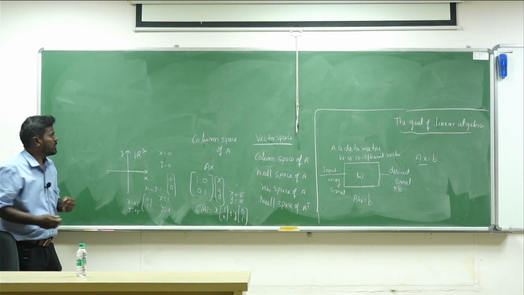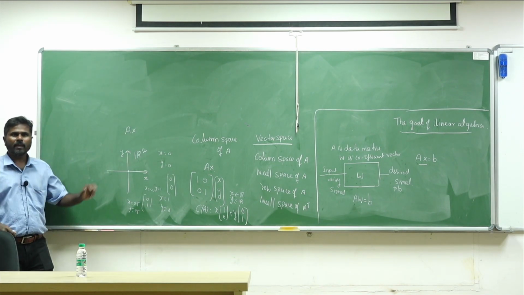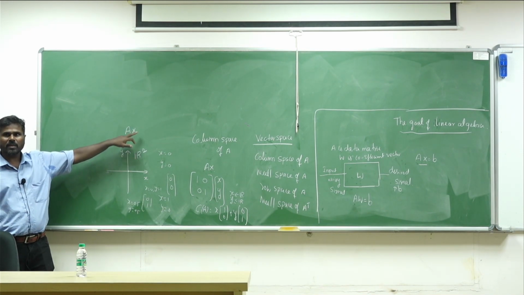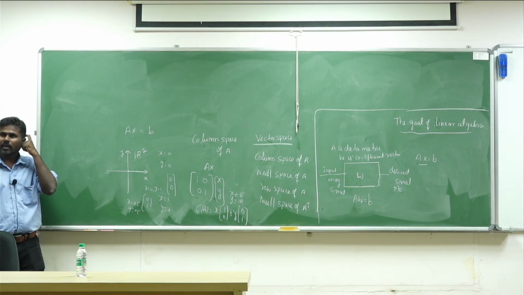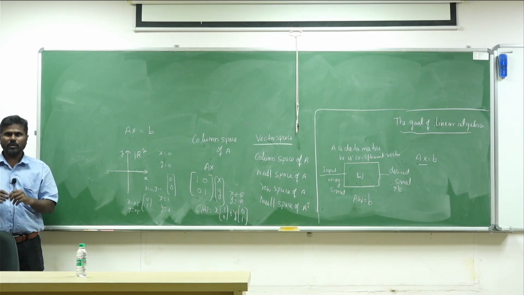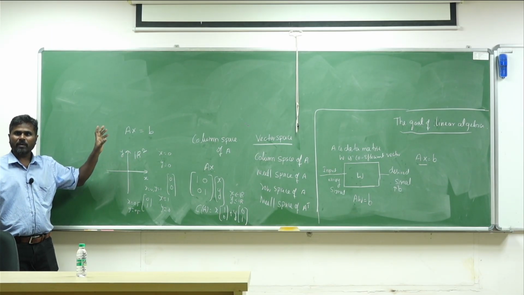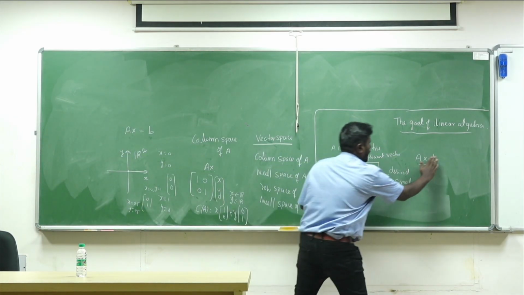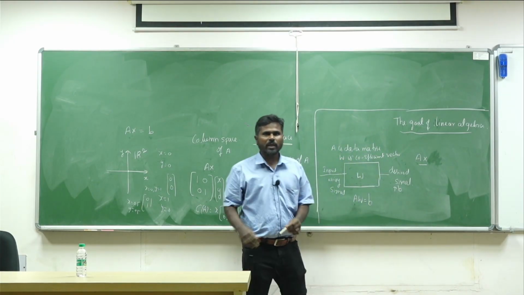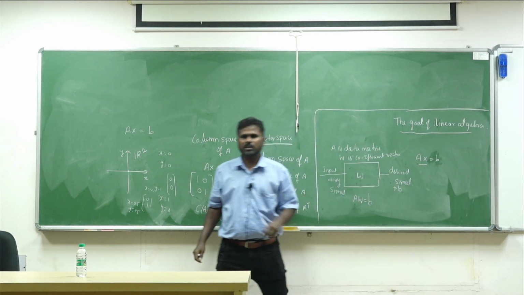What we wanted was to equate this column space to B. Ax equal to B. If you want to have a solution, if you want to equate this to B, where should B be coming from?